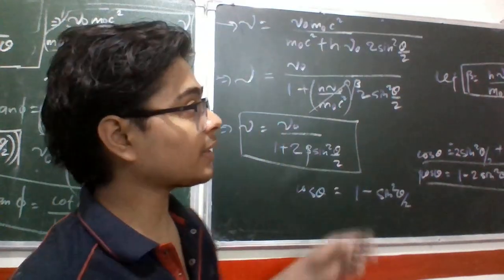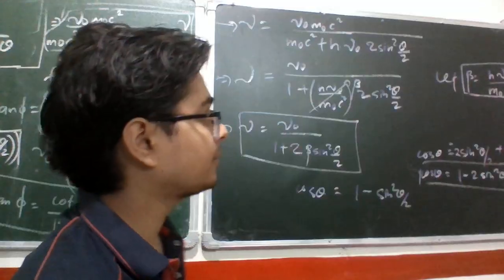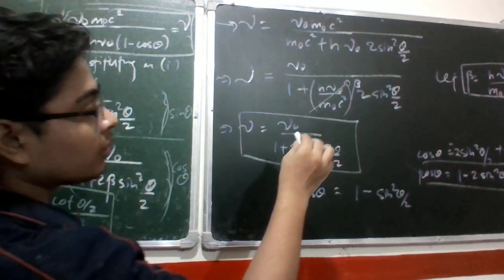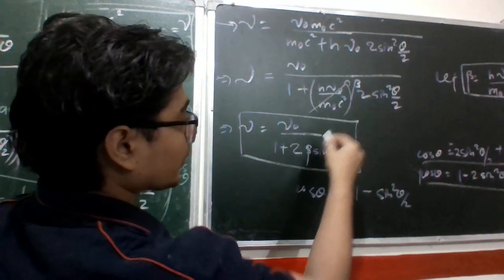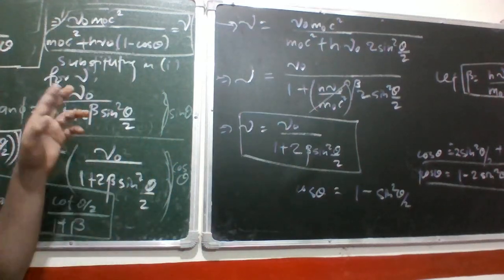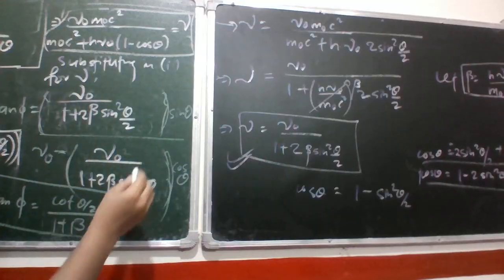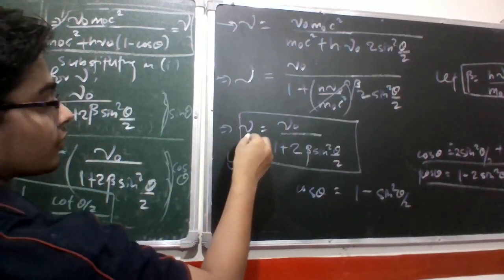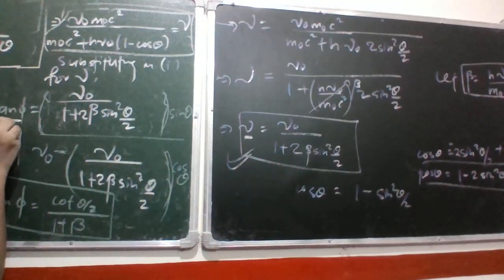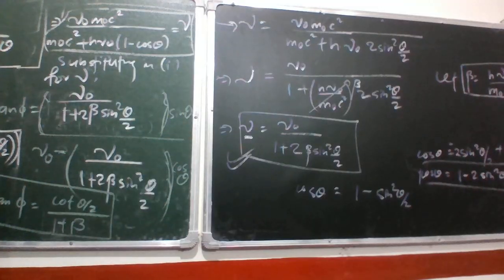So always remember that beta equals h nu naught by m naught c squared. So we get this equation, which is a more simplified equation than the previous one. That's why we are going to substitute this value of nu in for the tan phi. So we would get this.